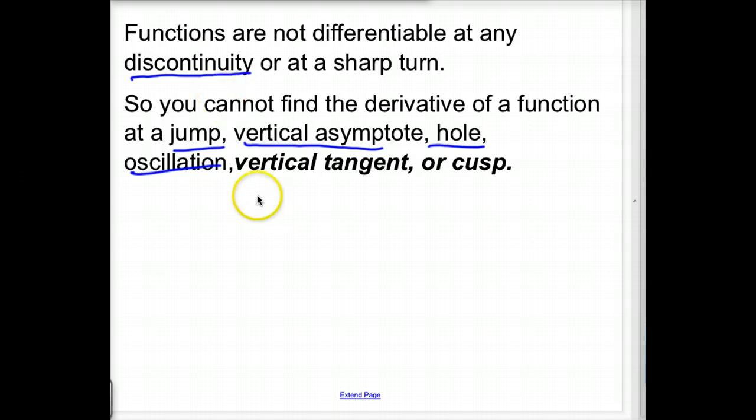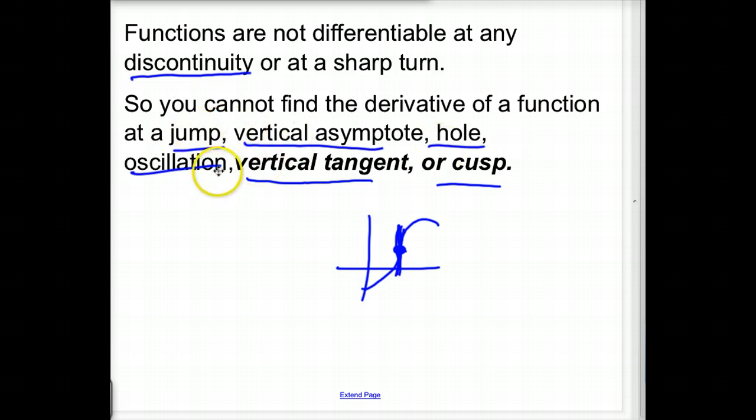Also, in addition to that, you can also not find the derivative if there's a cusp or there's a vertical tangent line. So remember that graph that had this. This is not differentiable because there is no slope. That slope is undefined. So besides the discontinuities, a graph is also not differentiable at vertical tangents or cusps.